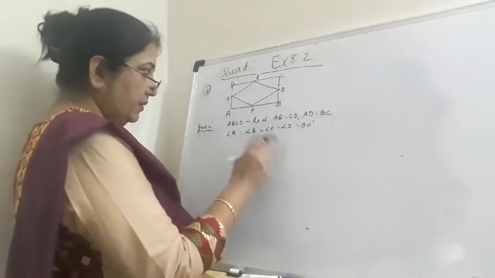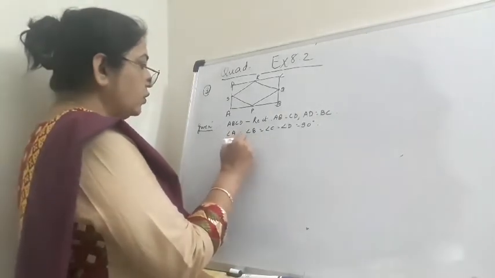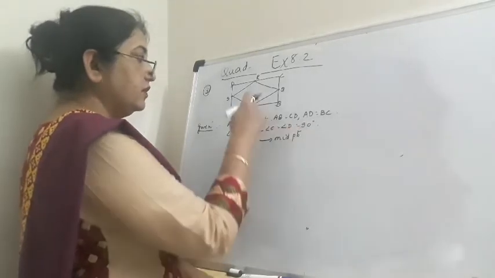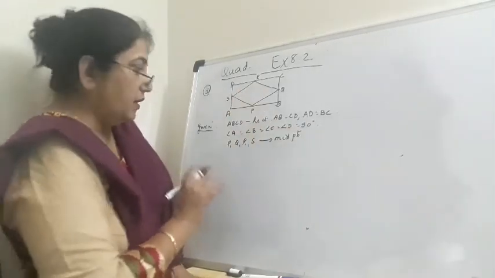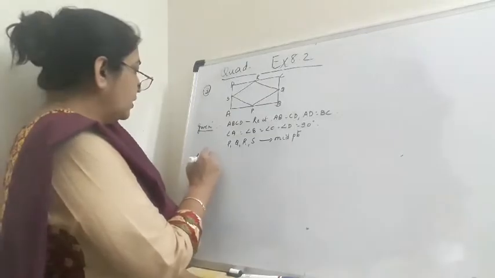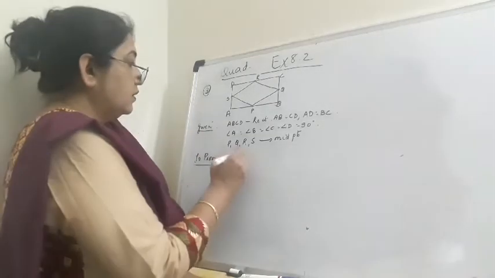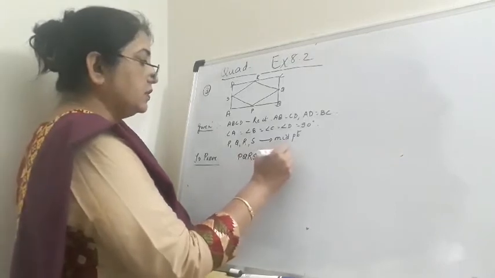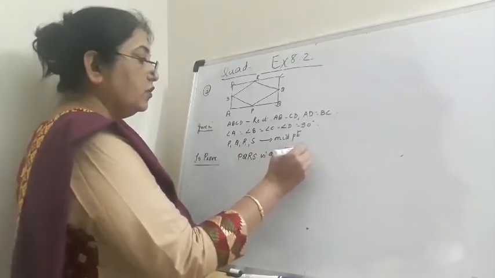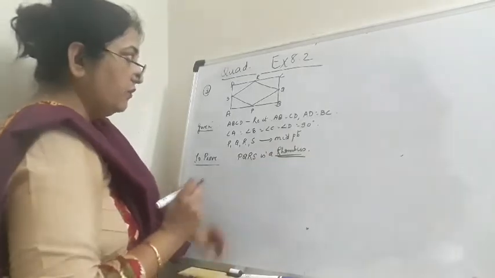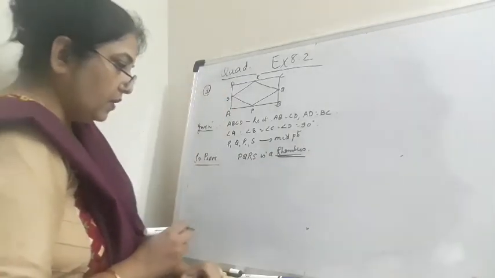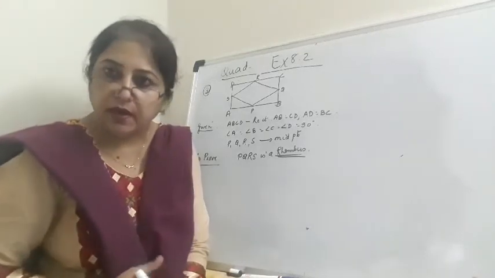So this is given, and also P, Q, R and S are the midpoints of the respective sides. Now you have to prove that PQRS is a rhombus. To prove that this is a rhombus, we first have to prove that PQRS is a parallelogram, because a rhombus is a special type of parallelogram.